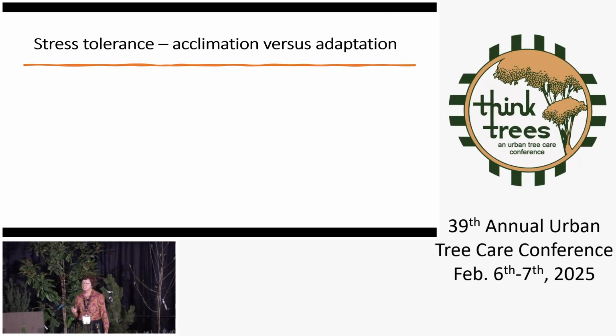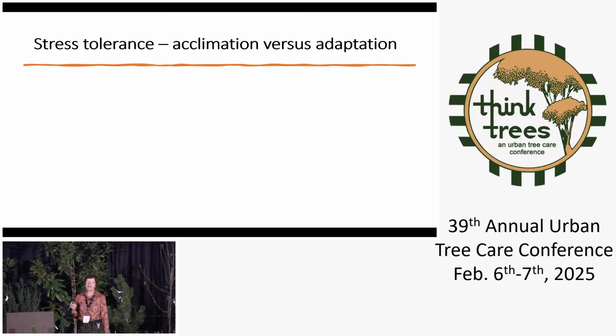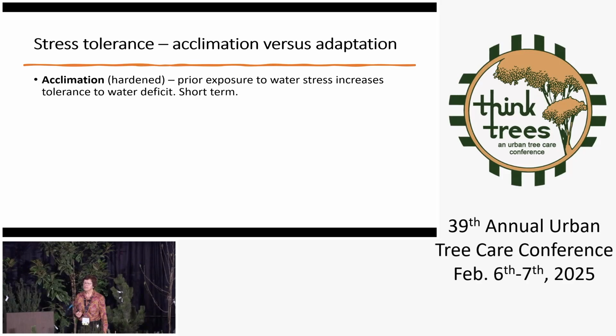So I wanted to mention what is the difference between acclimation versus adaptation, because people use these terms, and when somebody sells you an acclimated versus an adapted plant for the arid environment you're in here, it's a big difference. So acclimation means the plant is hardened.